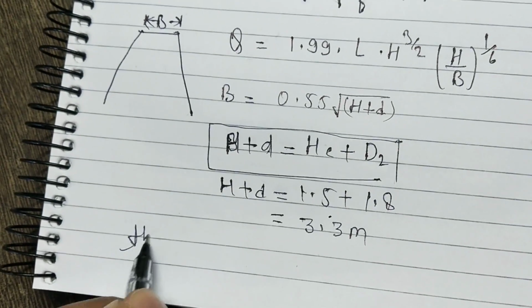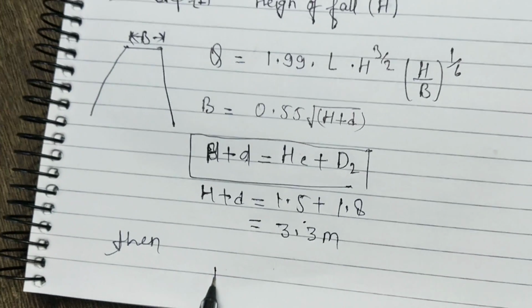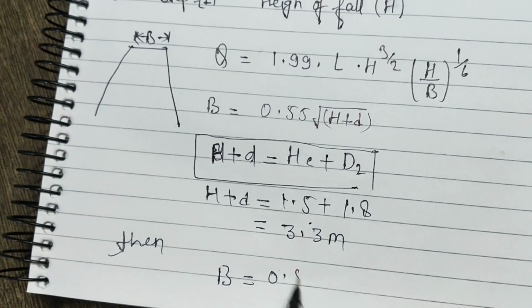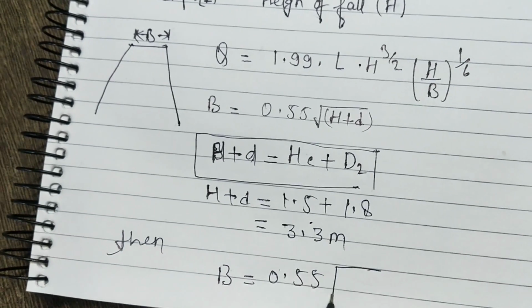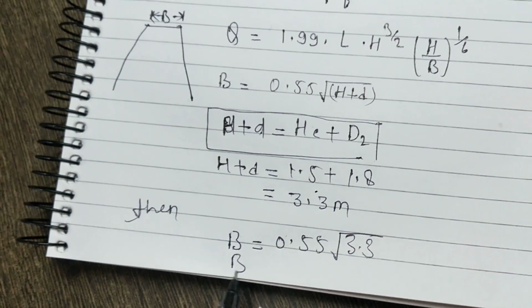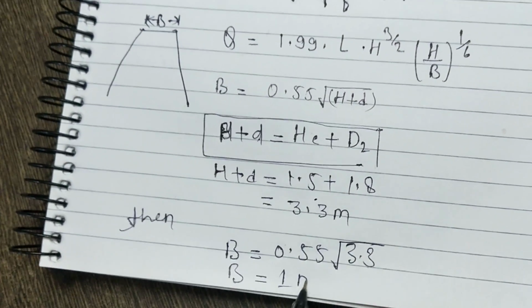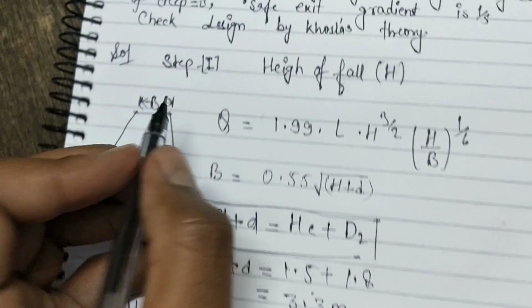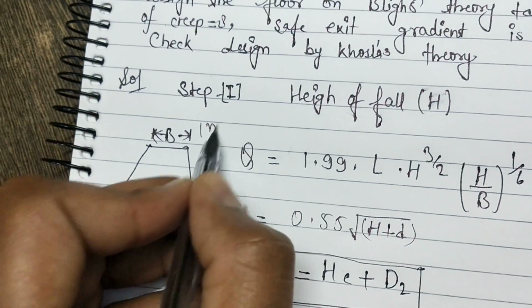Then top width B equals 0.55 under root H plus D, that is 3.33. By the calculation it will be approximately 1 meter. So the top width is 1 meter.